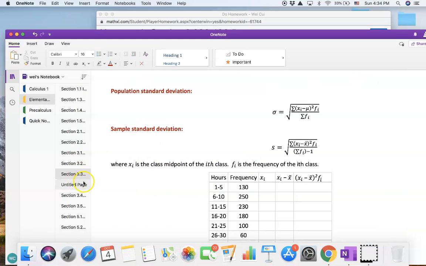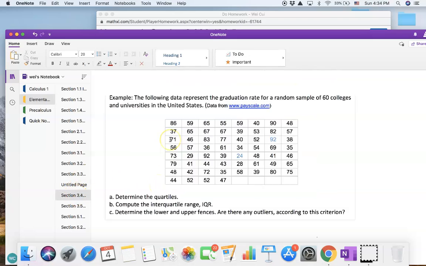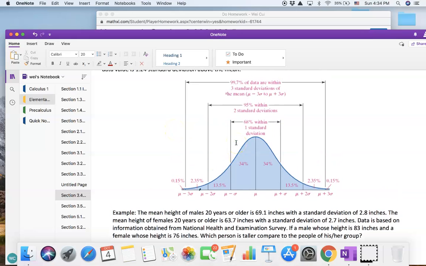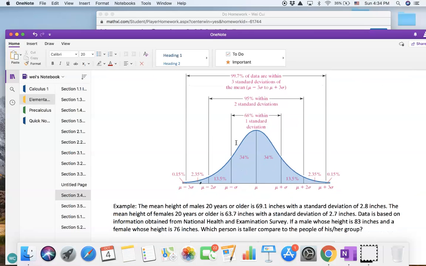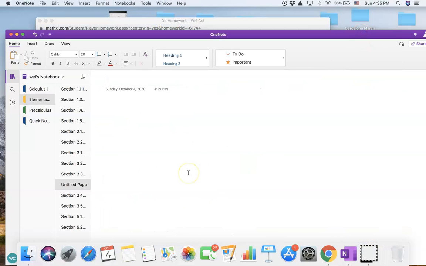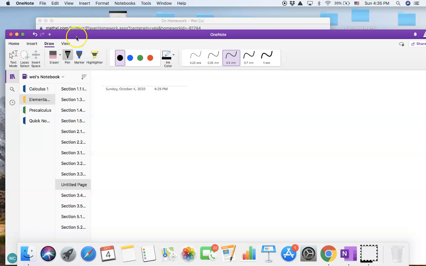So we know that, if you forgot about that, let me show you. Yeah. So the empirical rule says if the distribution is symmetric and bell shaped, then 95% of data will be between the mean minus 2 sigma and the mean plus 2 sigma, right? So here I just need to figure out what are these two numbers.